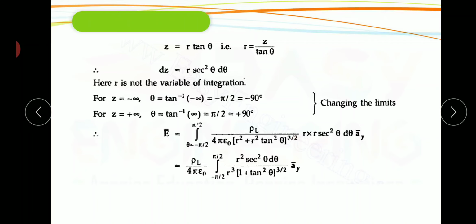Whenever we take r square common, the whole power 3 by 2 is also applicable. So r square whole power 3 by 2, by cancellation of 2 and 2 we get r cube. So inside the bracket there is no r term, so simply 1 plus tan square theta whole power 3 by 2, a_y bar.